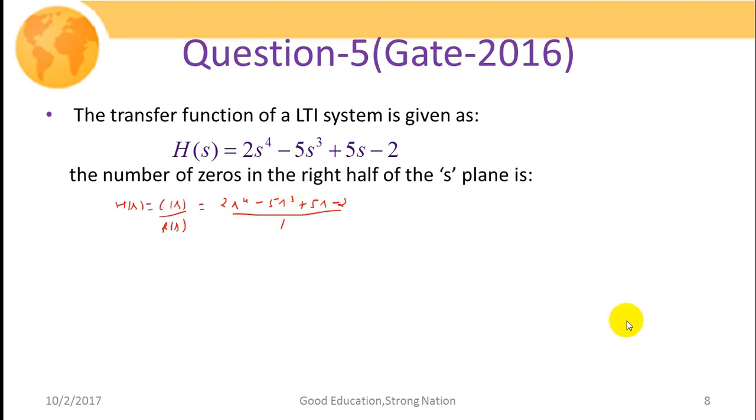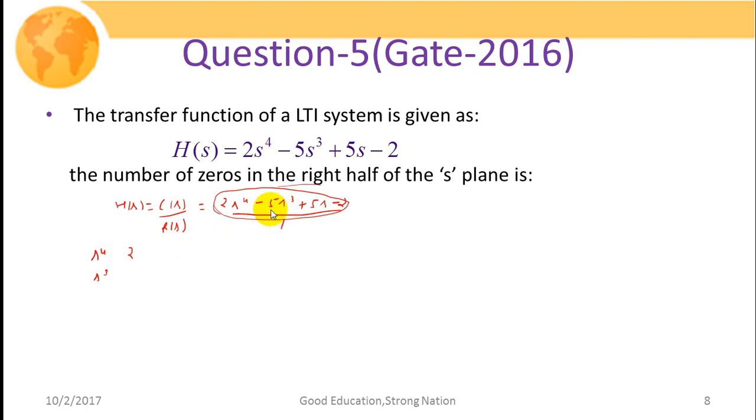Since here we need to find out the number of zeros in the right half of the s plane, we have to focus on this numerator polynomial in s. So let us quickly calculate the Routh table for the numerator polynomial. For s to the power 4 and s to the power 3, the coefficient of s to the power 4 is 2.